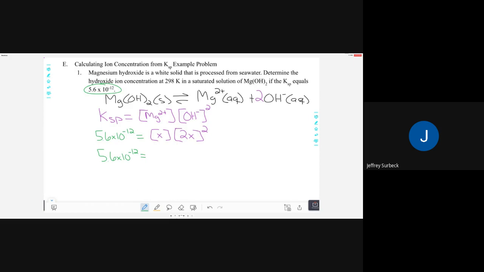What's that do to our number of x's? There it is, I heard it. Cube. This technically is 4x cubed. Now, I want to get x cubed by itself. So what do I need to do with this 4? Divide it, yep. So we divide by 4.